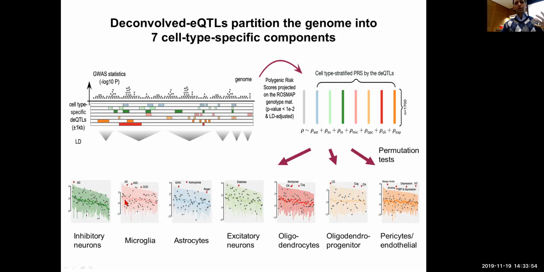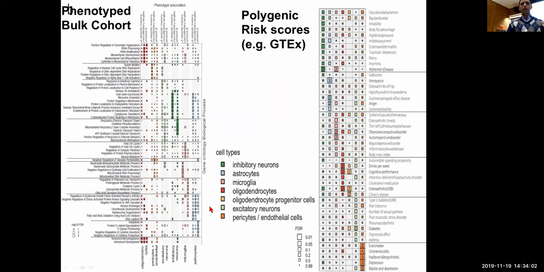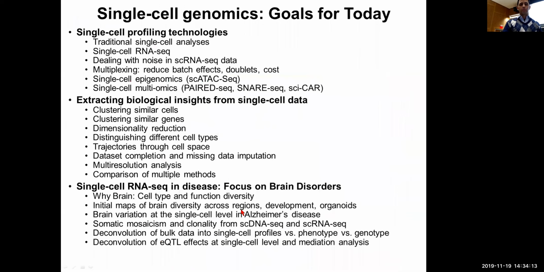And you can infer genetic variants that change expression in inhibitory neurons or in microglia or in astrocytes, and then correlate that with particular disorders, and then start mapping the disorders that are genetically driven by expression differences in different cell types.